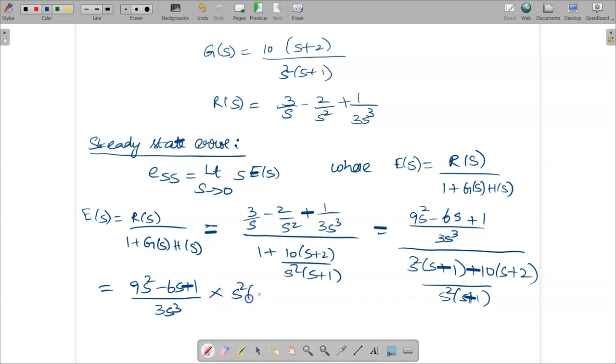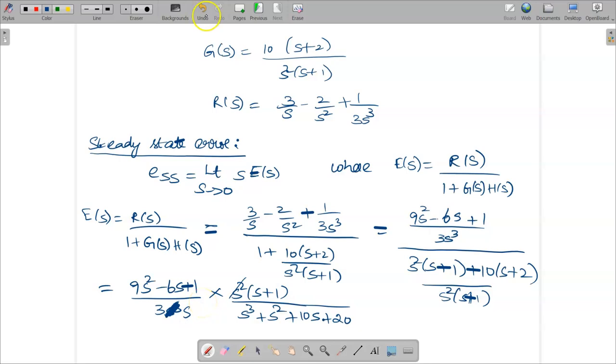Okay, so s square into s plus 1 divided by, so you can simplify this term and write s square into s is s cube plus s square into 1 is s square plus 10 into s is 10s, 10 into 2 is 20. Okay, so now this s square and this s cube, s square get cancelled, only 3s is available there. Okay, so here you can cancel out, it will become only s.